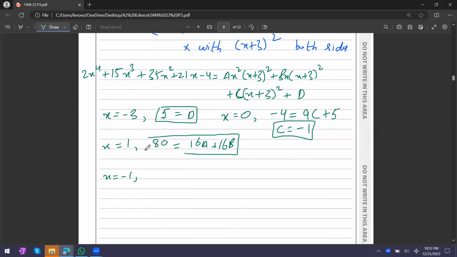Just put x is equal to 1 and simplify for a and b. We get one equation. Similarly, when you put x is equal to minus 1 and simplify, using the values of c and d already, and x as minus 1 on the right side, you will get the equation minus 4 is equal to 4a minus 4b. So these two equations you can solve simultaneously.